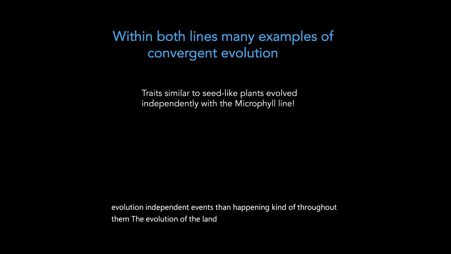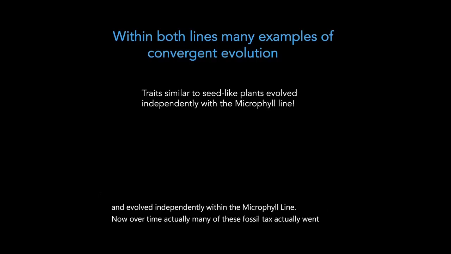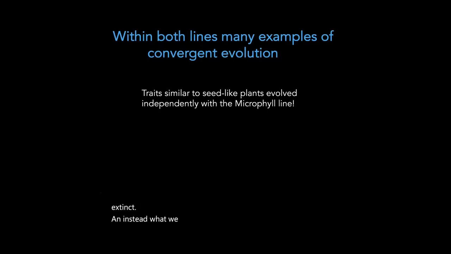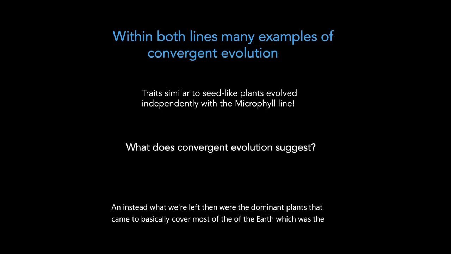And so we actually find within the microphyll line many traits similar to the seed plants that evolved independently within the microphyll line. Now, over time, many of these fossil taxa went extinct. And instead, what we were left with were the dominant plants that came to basically cover most of the earth, which was the megaphyll line.